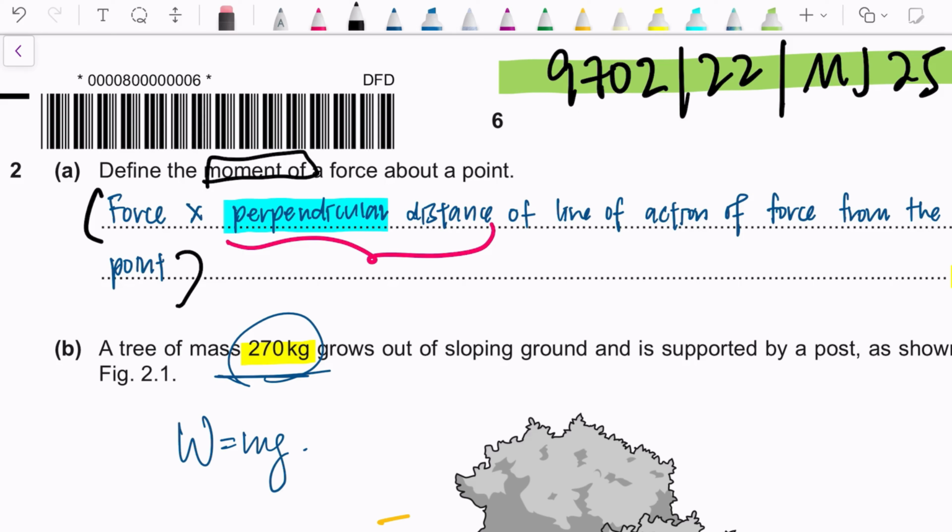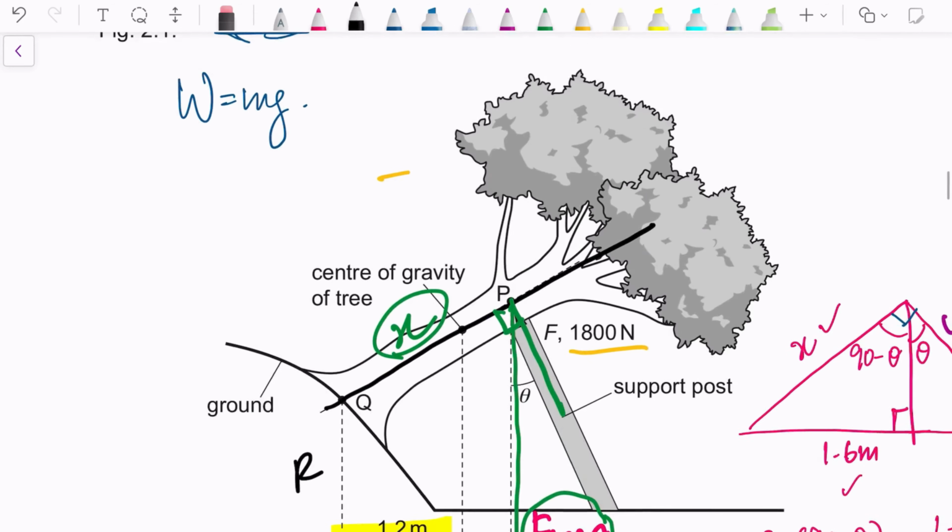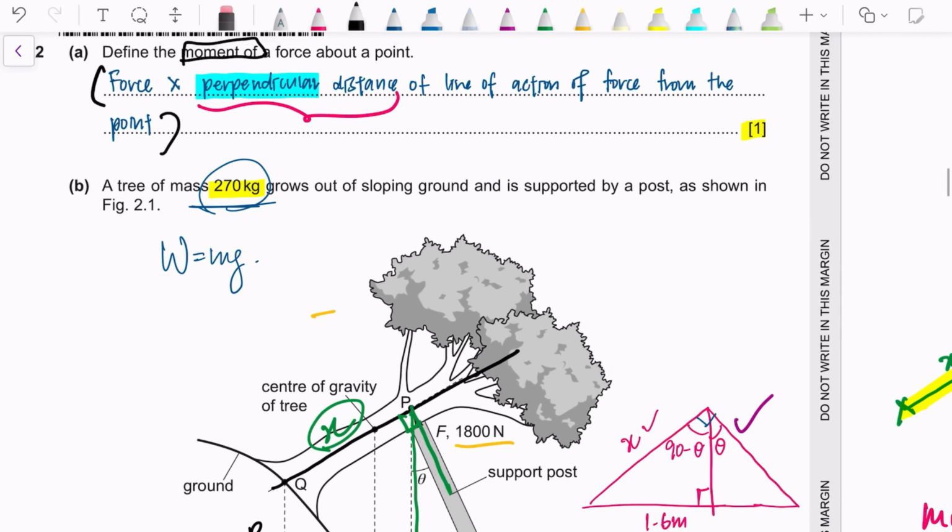That means you need to make sure your distance is the one that's perpendicular to your force. That means you must find your perpendicular distance. No matter how your force is, you must find a way to make the distance perpendicular to your force, because they said perpendicular distance. That is another way to look at it.